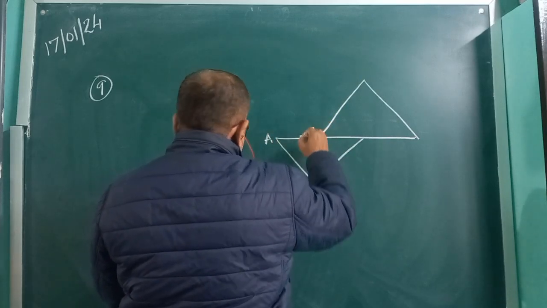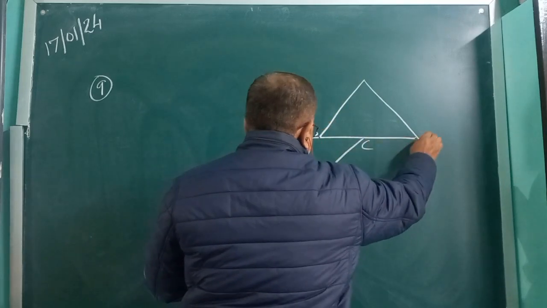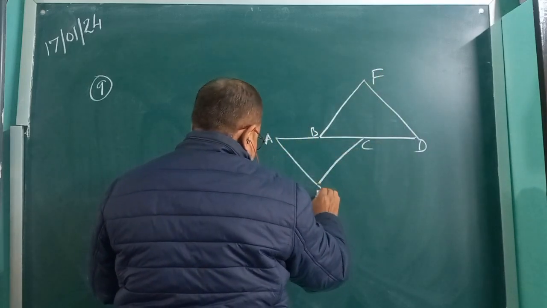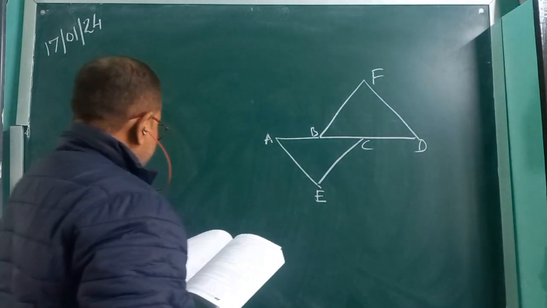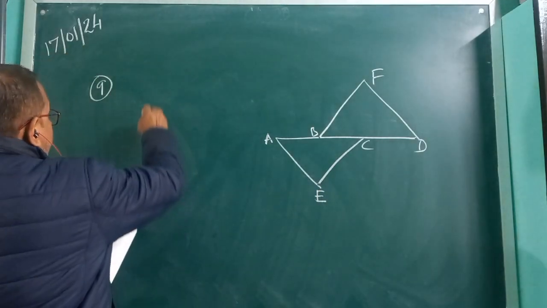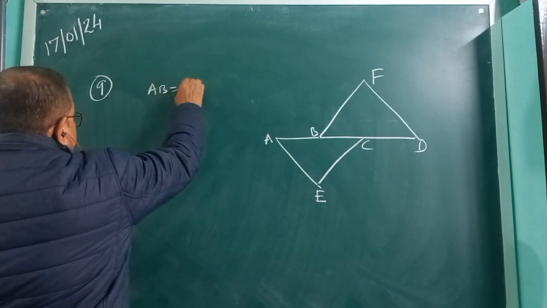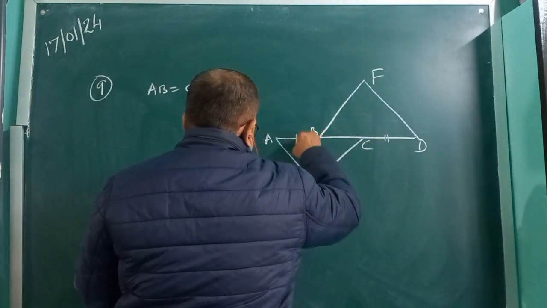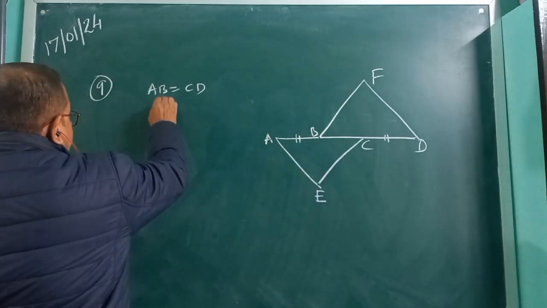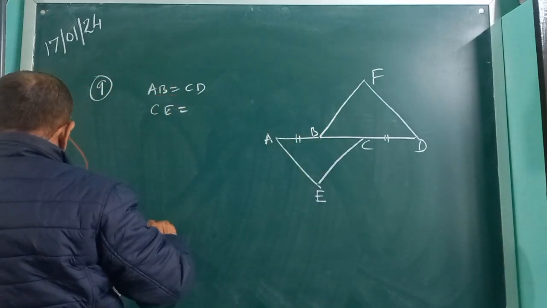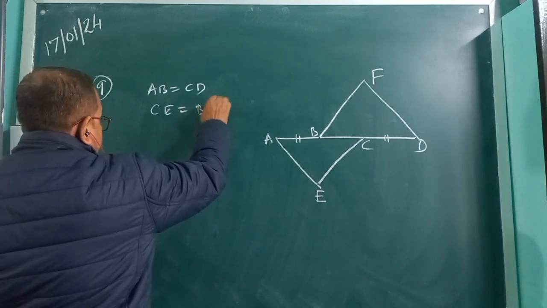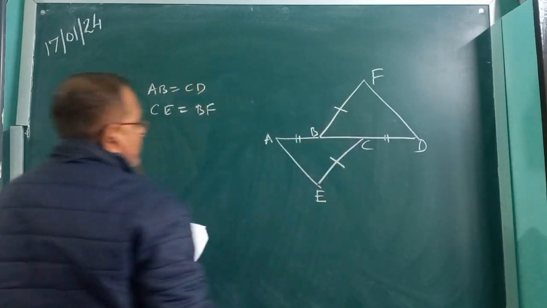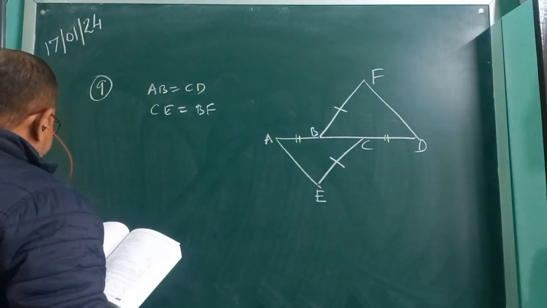Name it A, B, C, D, F, E. It is given AB is equal to CD. These two parts are equal. And CD is equal to BF, CE and BF. These two sides are equal.